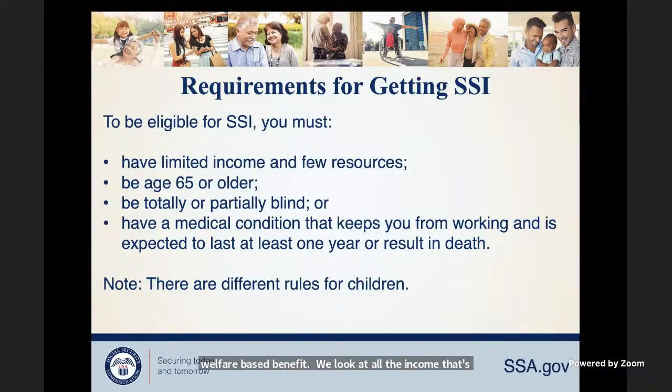Now, in order to qualify, you have to be disabled or partially blind, or let's say somebody is 65 and older and they're only getting $300 a month from their retirement benefit. Well, if they're lower income, they meet that resource and income computation with us, they can get SSI to supplement their income.